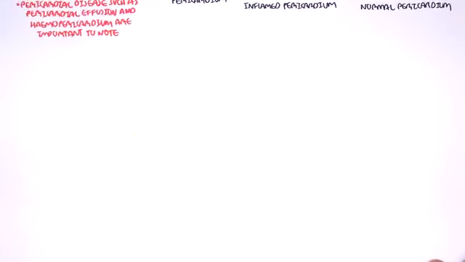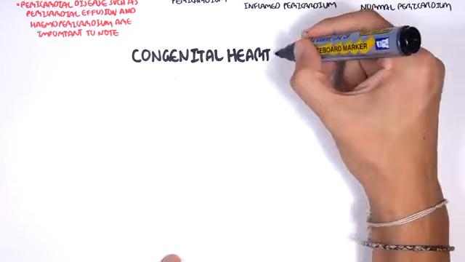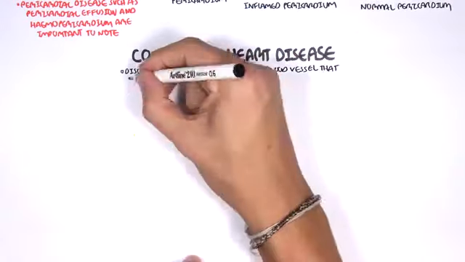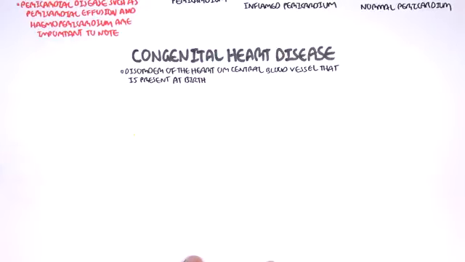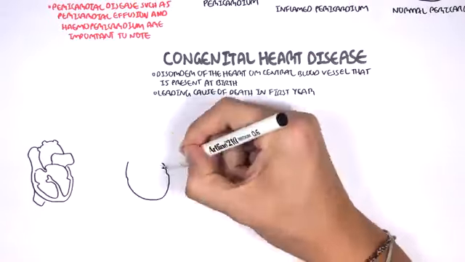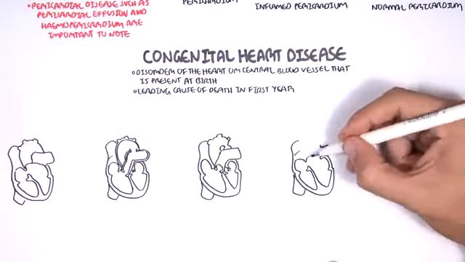The last cardiovascular disease we will look at is the congenital heart diseases, which are disorders of the heart or the central blood vessels that are present at birth. The congenital heart diseases are actually the leading cause of death in the first year of life. We will look at 5 main ones.